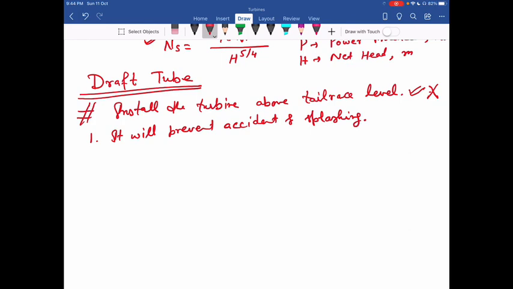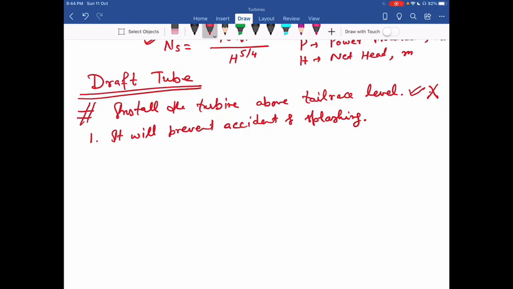At the outlet, when we install a turbine above tail race level, there is splashing of water, and maybe some accident takes place. To avoid that, we use a draft tube at the outlet of the turbine and we dip that draft tube into the tail race.